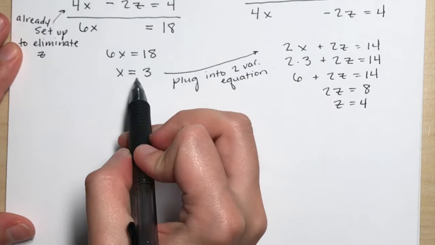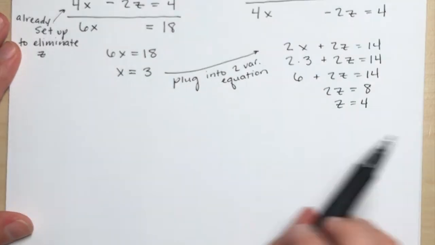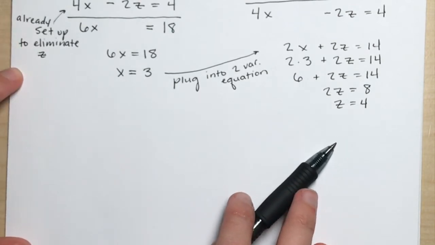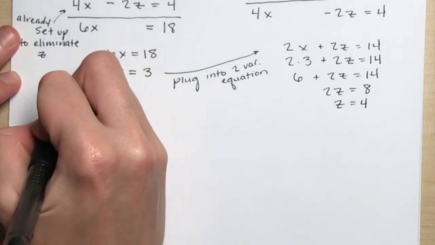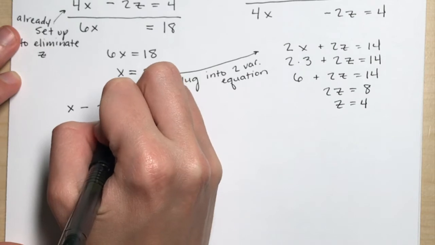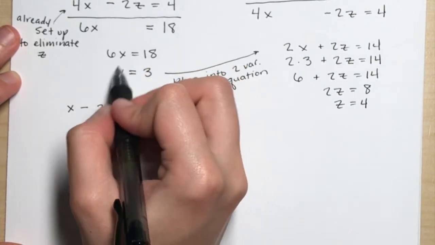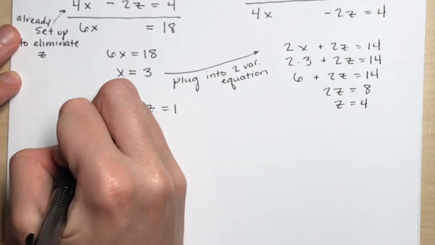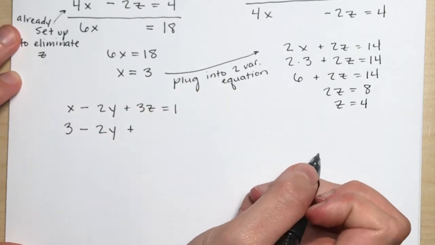So now we've got 3 and 4. We can plug this into one of our 3 variable equations and we'll have our y value. We can solve for y. I'm going to plug it into the first one. So x is 3. Let's substitute there. Minus 2y, we don't know what y is yet. And we know that z is 4.